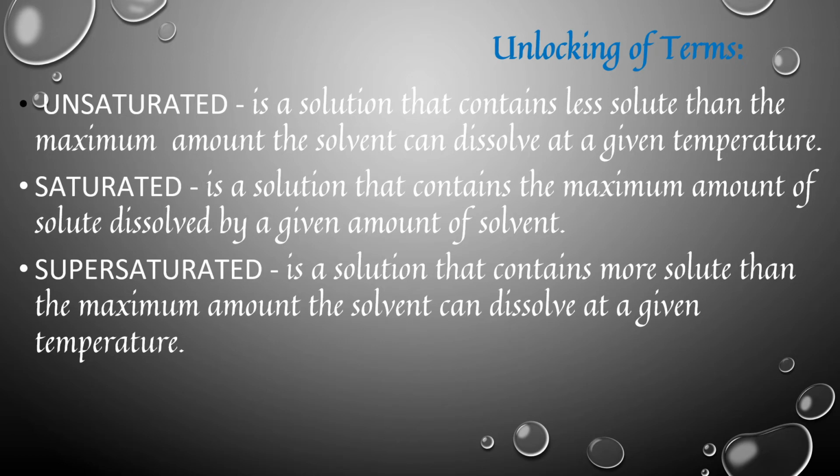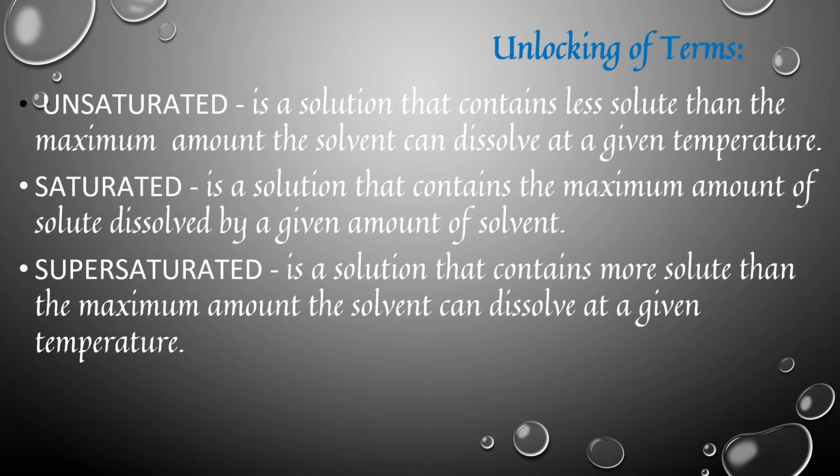So, sa madaling salita, para mapaintindihan natin ng mas maayos, pag sinabi nating unsaturated, ito yung malabnaw. Kapag halimbawa, nagtimpla ka ng juice, malabnaw. Ibig sabihin, mas marami yung solvent sa solute. Ibig sabihin, kaya pang tumunaw nung solvent mo ng mas maraming solute. Unsaturated po yun.